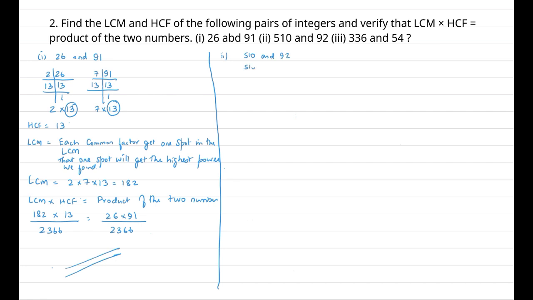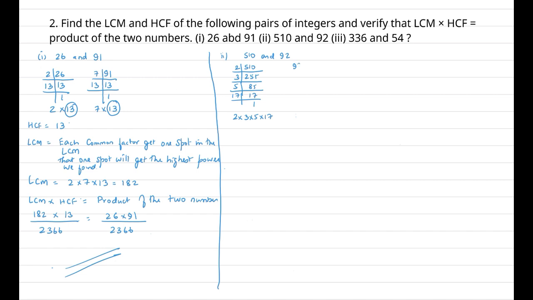Factors for 510: divisible by 2, 255 is divisible by 3, 85 by 5, and 17 is a prime number. The factors are 2 into 3 into 5 into 17.